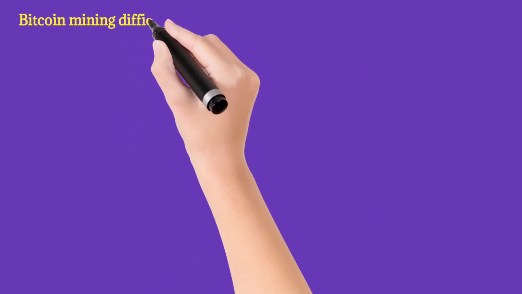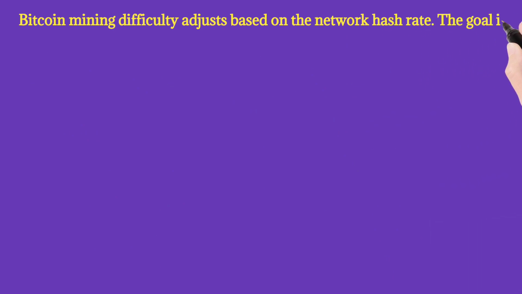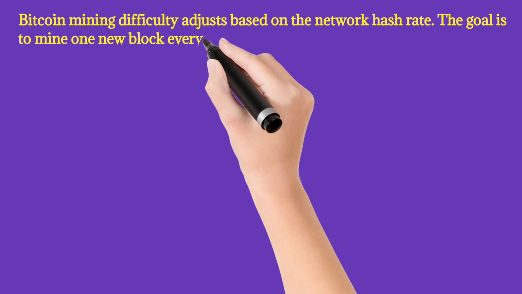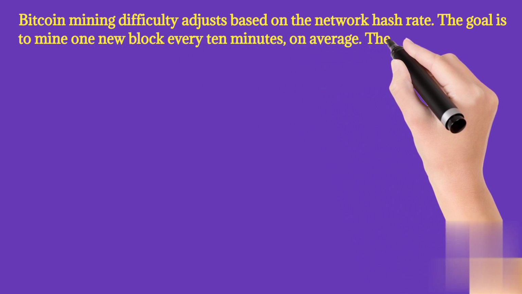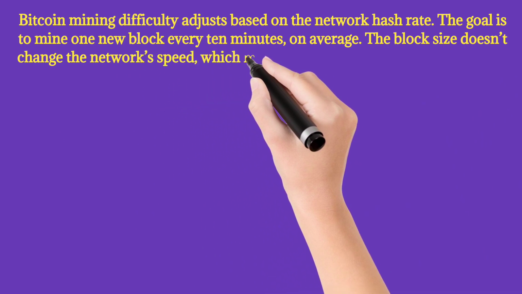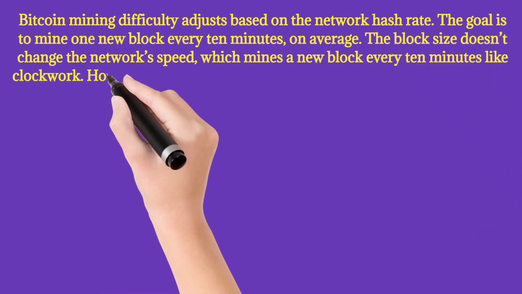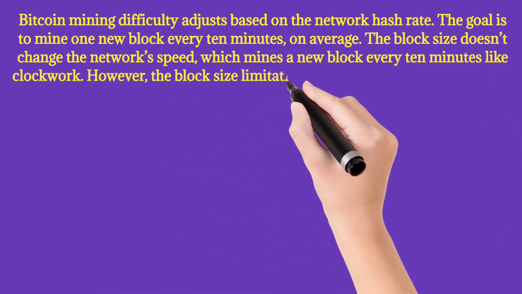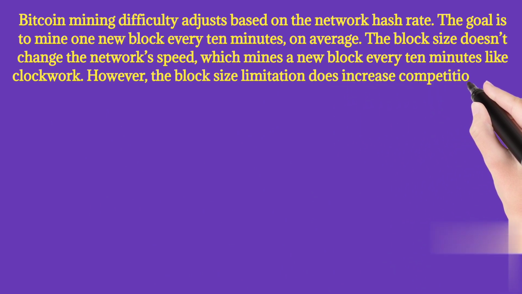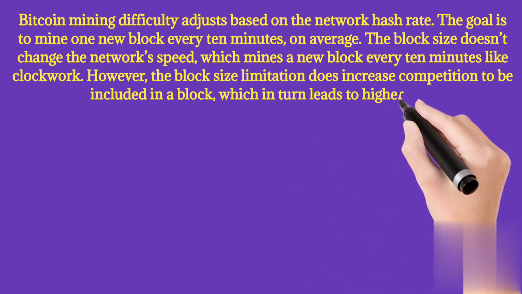Bitcoin mining difficulty adjusts based on the network hash rate. The goal is to mine one new block every 10 minutes, on average. The block size doesn't change the network speed, which mines a new block every 10 minutes like clockwork. However, the block size limitation does increase competition to be included in a block, which in turn leads to higher fees.